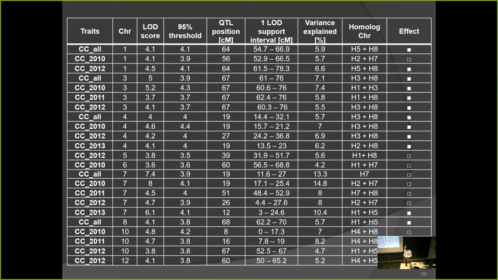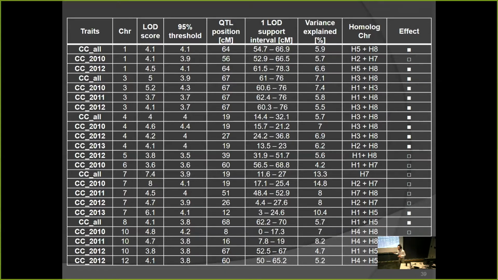And then I found a lot of QTL peaks from multiple chromosomes. In this case, CC represents chip color, and numbers like 2010, 2012 represent the phenotype data from each year. As I mentioned before, I measured phenotype data in 2010, 11, 12, and 13. So these represent each year.